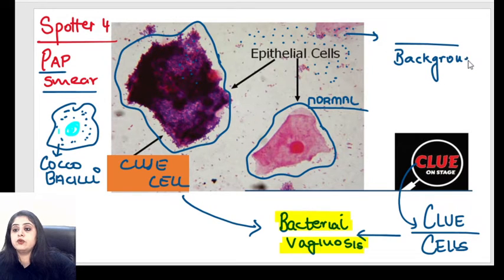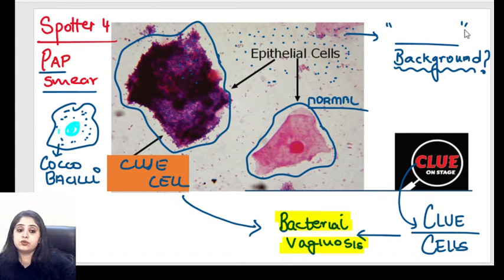All of those who are fond of movies should be able to give me an answer to that. So I've given you an extremely big hint over here. So the same bacteria, when they are present in the background, there's some fancy name given to it, which you will tell me. So 2 homeworks for the day, and I know you know the answer, but you have to type and tell me, because then it goes in our long-term memory. Spotter number 4 done, clue cells.